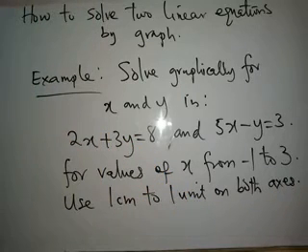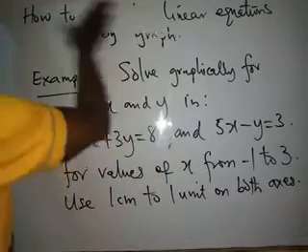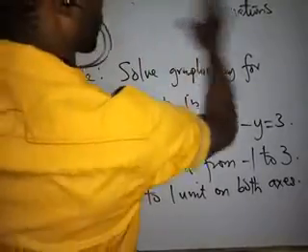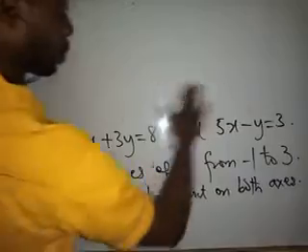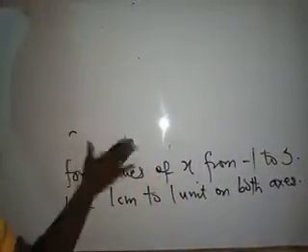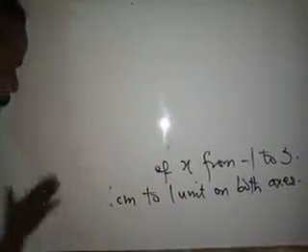I'm going to clean the board right now, so don't forget you can always pause the video from your side so that you can follow properly. I'm going to start with the table.